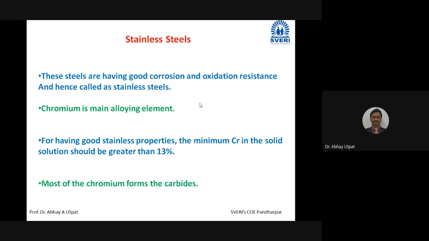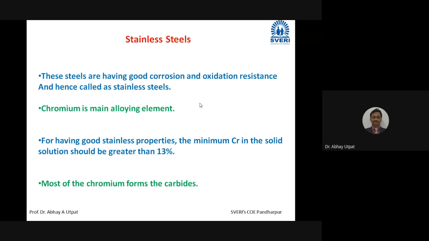What is the main statement regarding that requirement? For having good stainless properties, the minimum chromium in the solid solution should be greater than 13%. Please concentrate on this statement. I have explained you the effect of alloying elements on steel. How the alloying elements are behaving during their working in the any particular alloy. So one element or one property was studied, that is solid solution strengthener.